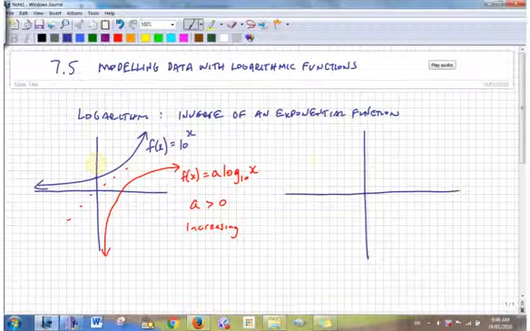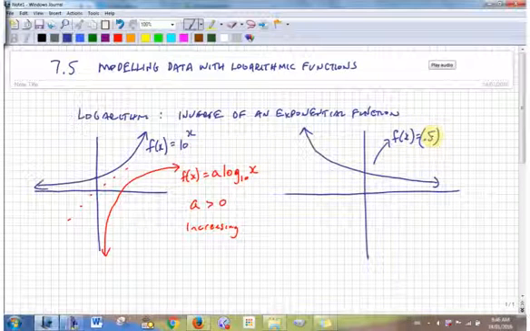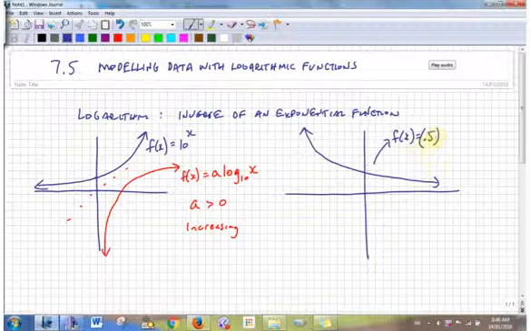The other exponential function we know is a shape that looks like that, where f of x, here I know the value is something less than 1. This is 10 to the power of x. This has to be a proper fraction, technically between 0 and 1.